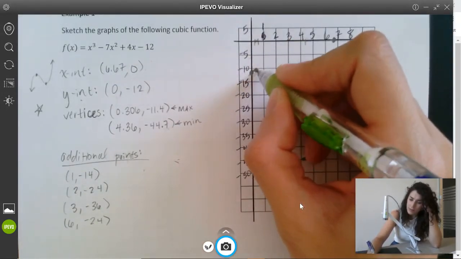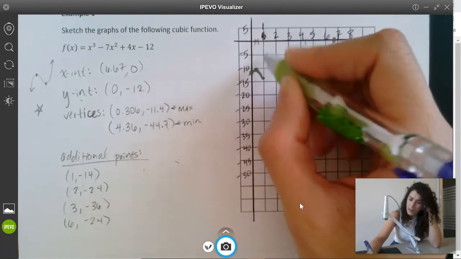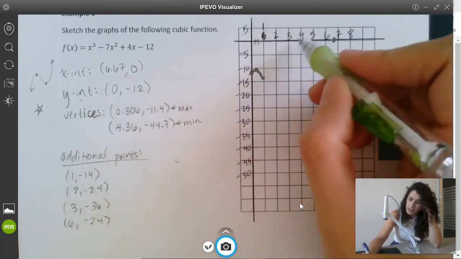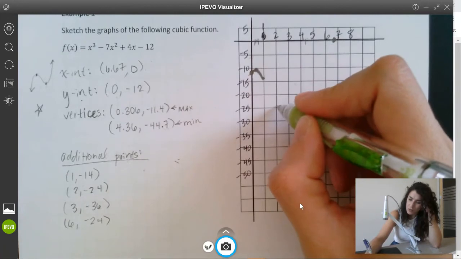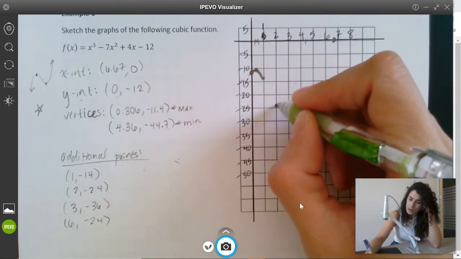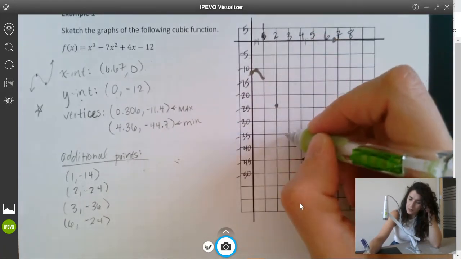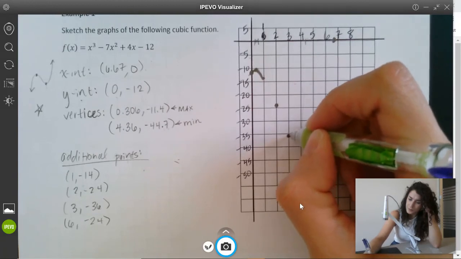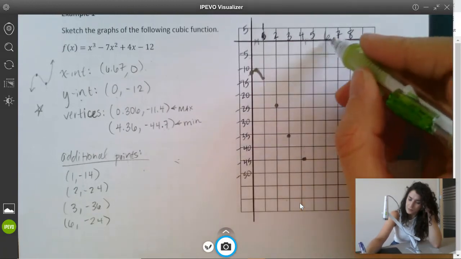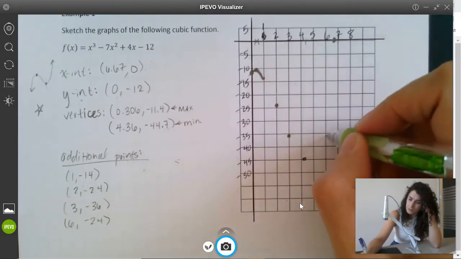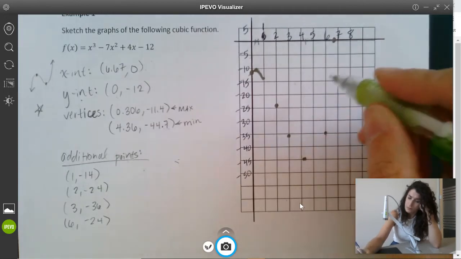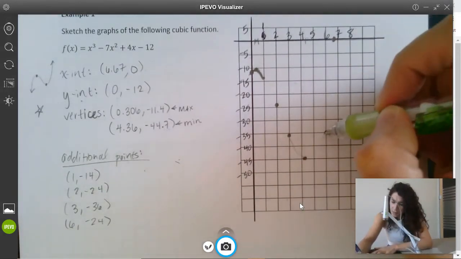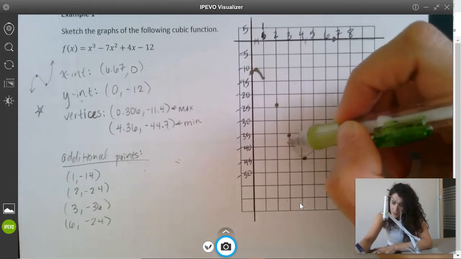Okay, that kind of like fits in with this idea of this little maximum. And then 2, -24 would be like somewhere right here. 3, -36. And we can see that since this is our minimum, right?